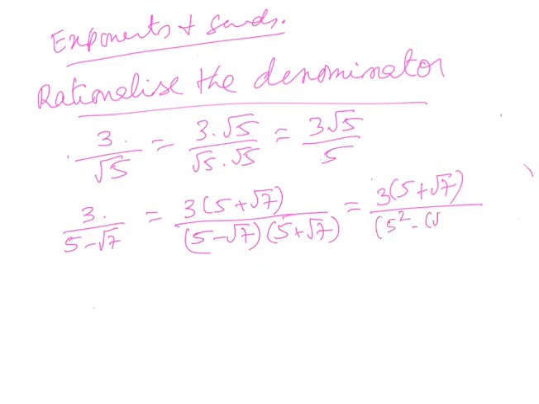This is 5 squared minus root 7 squared, and that will give me 3 times 5 plus root 7 divided by 5 squared minus 7.